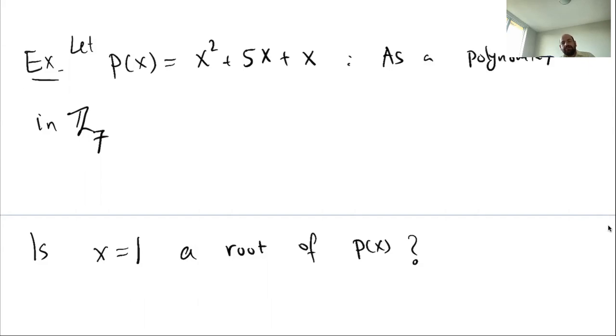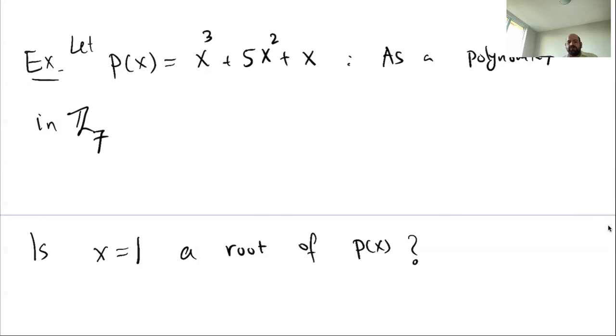So normally in high school, let's say your teacher gave you this polynomial, P of x equals x cubed plus 5x squared plus x, and they asked, is x equal 1 a root of P of x? Well, to answer this question, you have to replace x with 1.